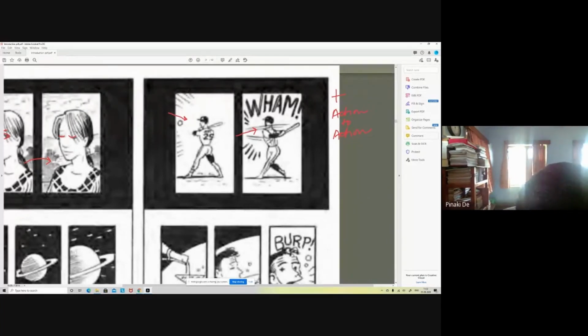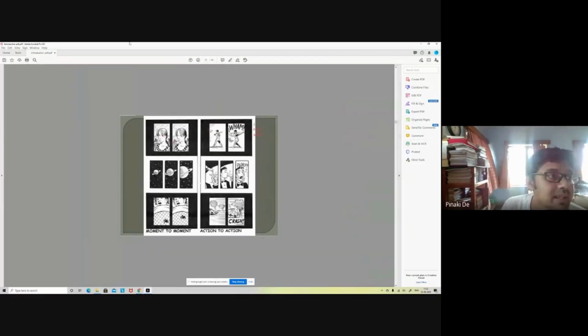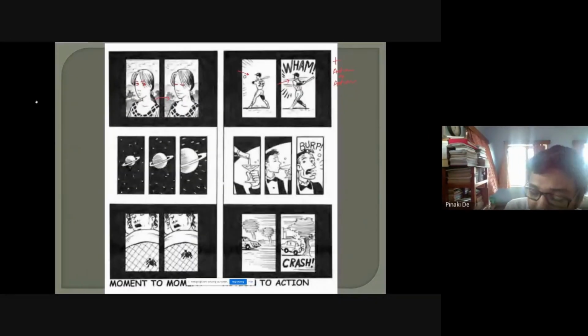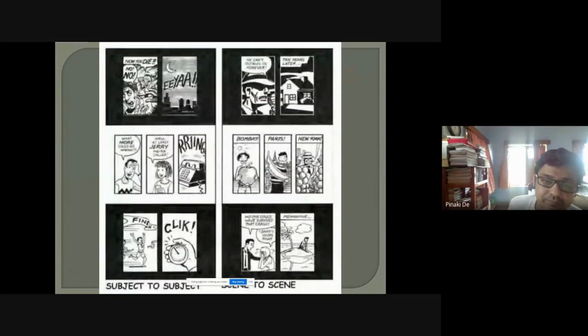Batul is running and then he kicks somebody. So he performs some action in time. So it is called action to action transition. Basically, both these transitions, moment to moment and action to action, are basic transitions. And if you look at Tintin, you can see both. I remember this because when I go to Tintin in Tibet, I will show you how this is happening.